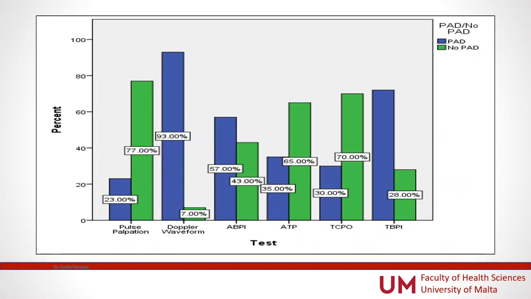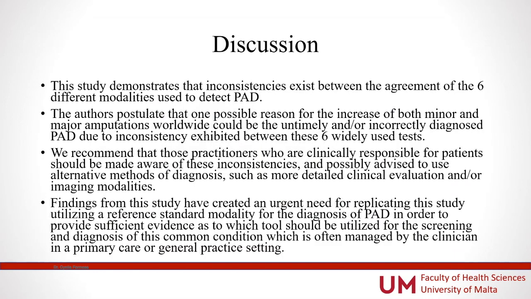The study demonstrates that inconsistencies exist between the agreement of 6 different widely used modalities to detect PAD. As authors, we presume that one possible reason for the increase in both minor and major amputations, which we are seeing worldwide, could be this incorrect diagnosis of PAD due to the inconsistency exhibited between these 6 widely available tools.